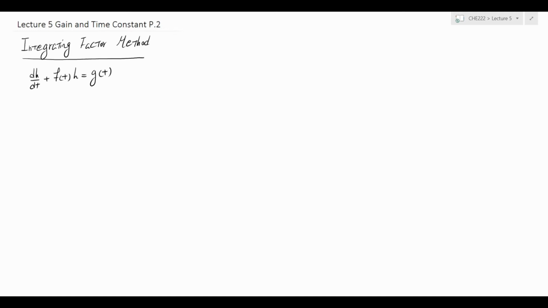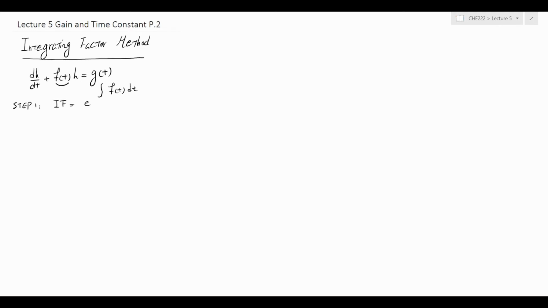In this method, the first step is to find the integrating factor, or in short, IF. And it's very easy. The way it is defined is e to the power of the integral of f(t) dt.